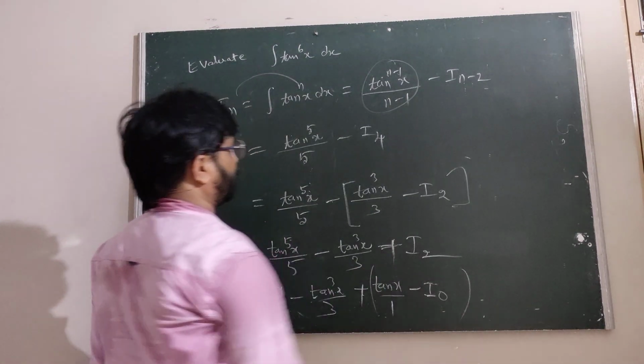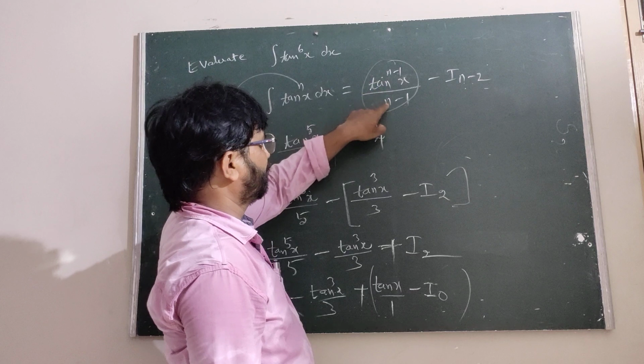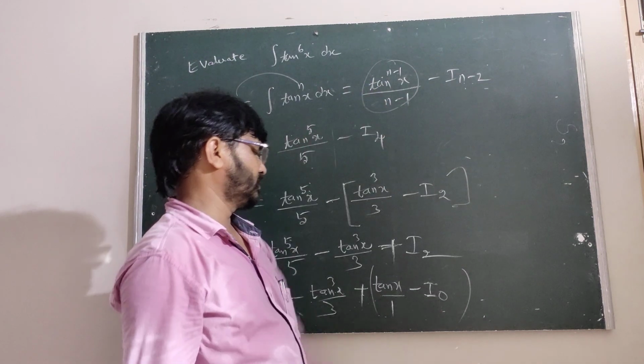How to write this one? Put n equals to 2: 2 minus 1 is 1, here also tan x minus I0.